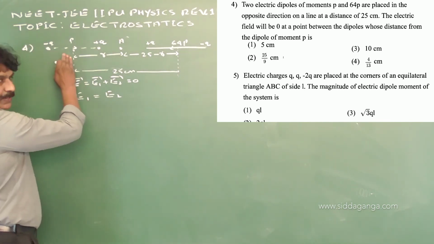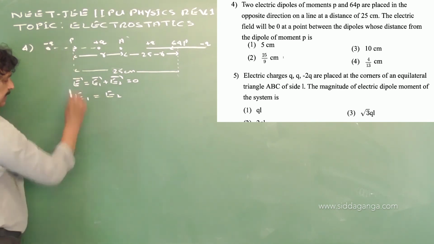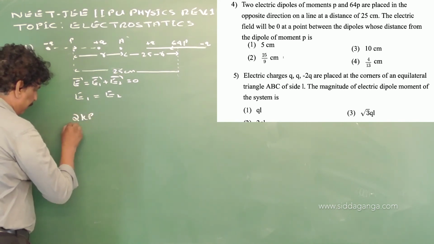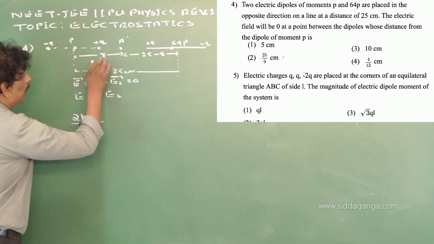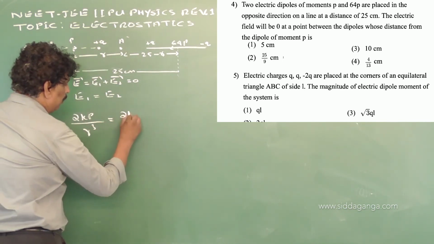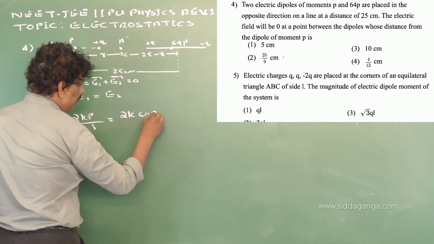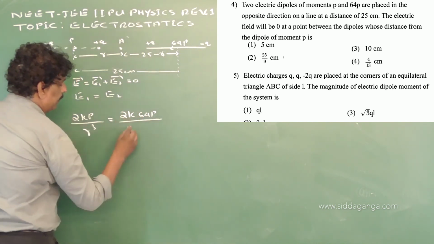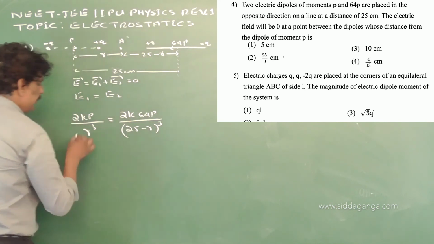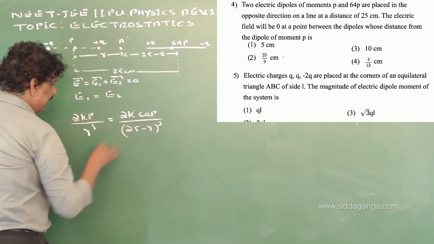Now the electric field due to an electric dipole at any point on the axis is 2kp by r cube, and this is equal to 2k into 64p by 25 minus r whole cube. So 2k gets cancelled here, p gets cancelled.